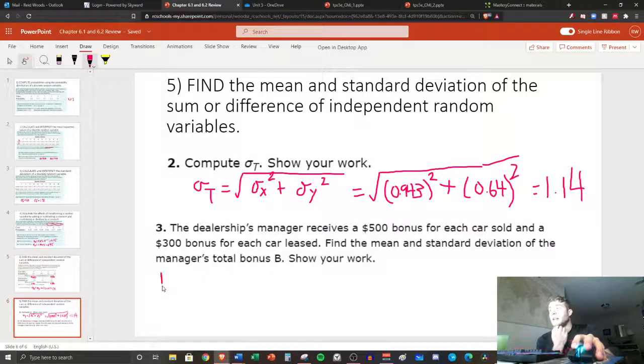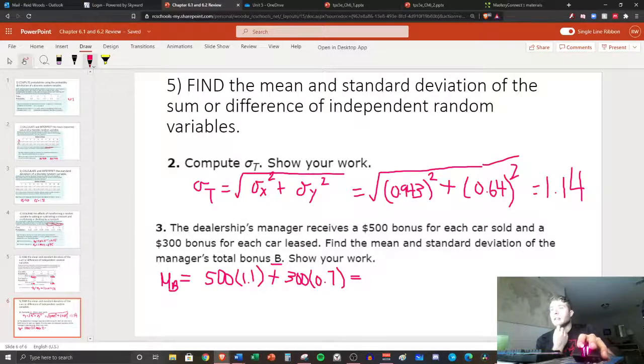So to find the mean of, and we call this bonus B, the mean of B is going to equal 500 times that 1.1 expected cars that we sell, added to 300 times 0.7 leased.